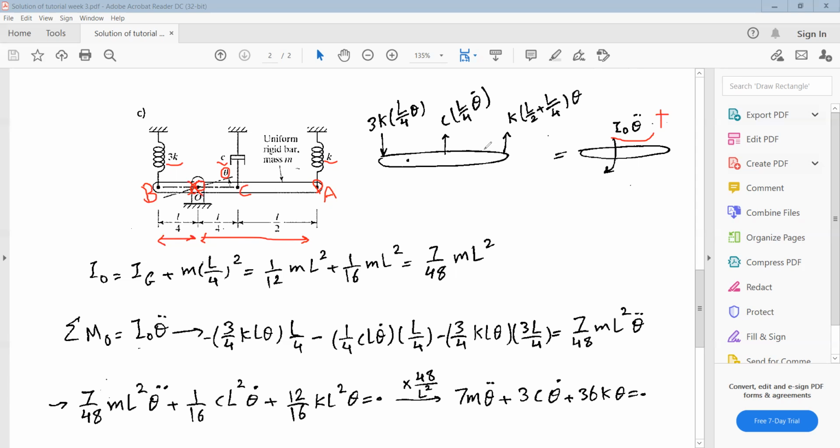and this is the positive direction of motion, this motion will create some force in the springs. One force is due to the spring with stiffness 3K times its displacement, which as I told you is L over 4 times theta.